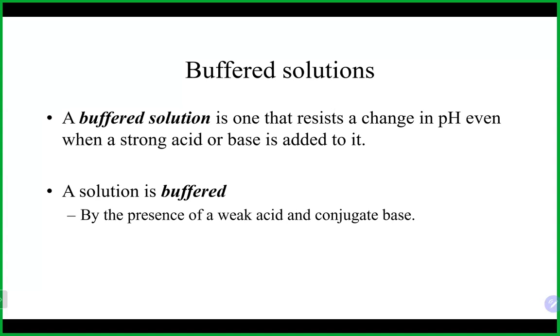The reason a buffer is able to do that is actually what it is made out of. A buffer is made out of a weak acid and the conjugate base, sometimes referred to as the salt of its conjugate base. Or you can make a buffer out of a weak base and the salt of its conjugate acid.